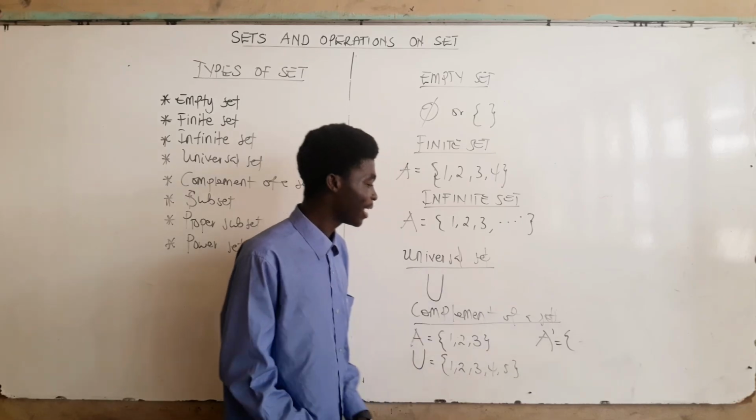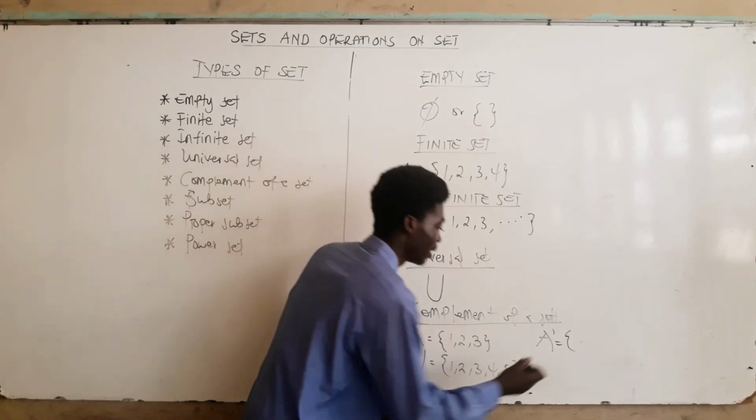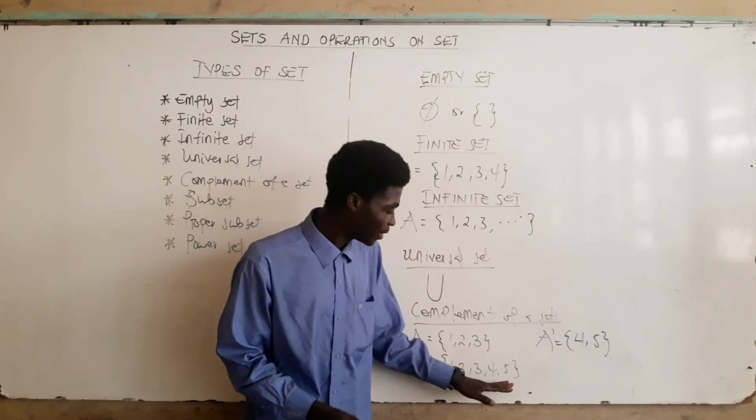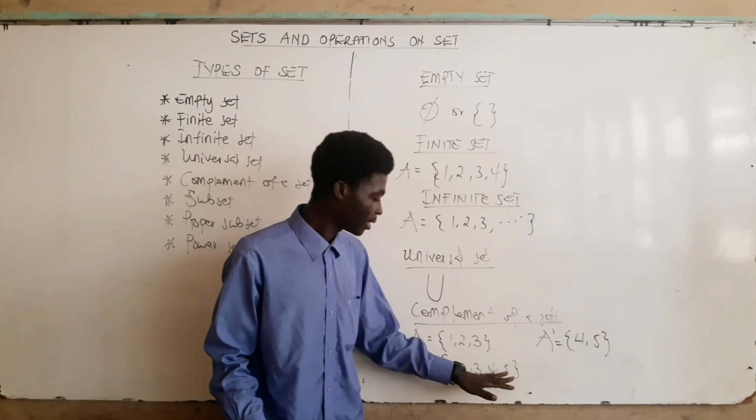A complement is going to be 4 and 5. We can see that 4 and 5 are not in A.